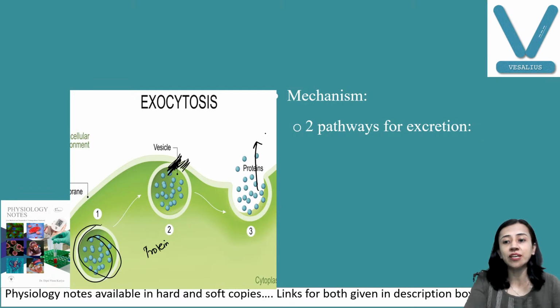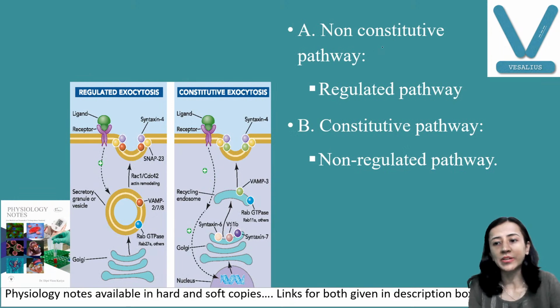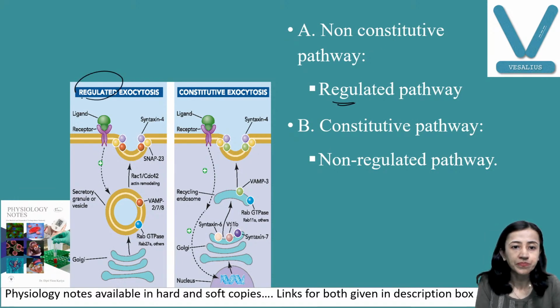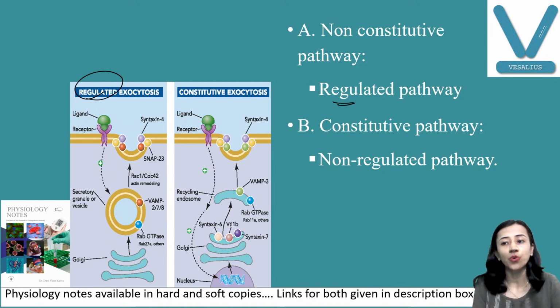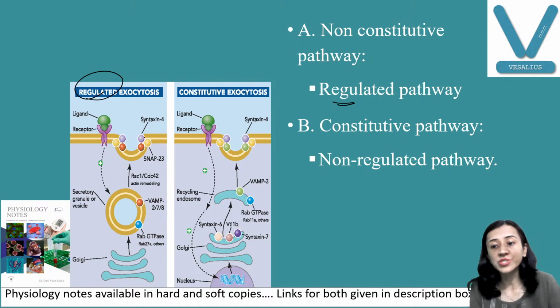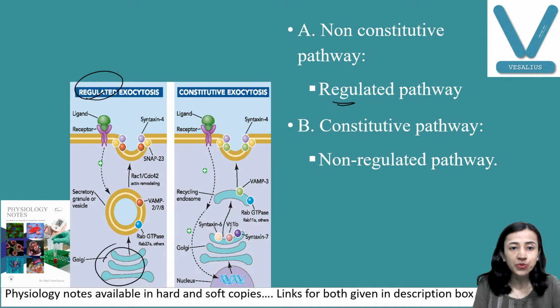Now this exocytosis again of 2 types. Number 1 is non-constitutive pathway, or you can say regulated pathway. In this pathway, this protein which is secreted is processed and packaged in the Golgi apparatus. Initially it enters in the secretory granules, and here processing takes place.